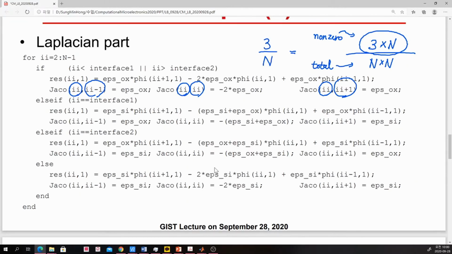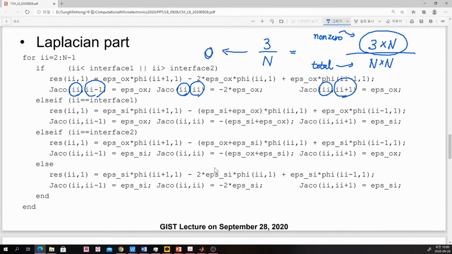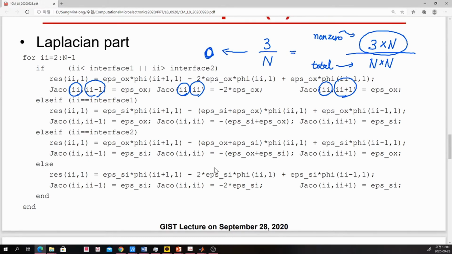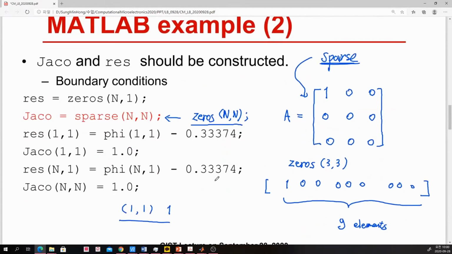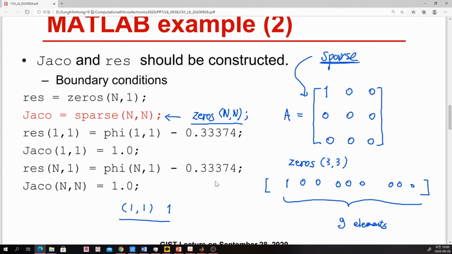And when we go to a larger matrix, this ratio will approach 0. It means that our matrix becomes extremely sparse. So in this case, it is much more beneficial to have the sparse implementation than the full matrix implementation. By default, a matrix is always assumed to be full.